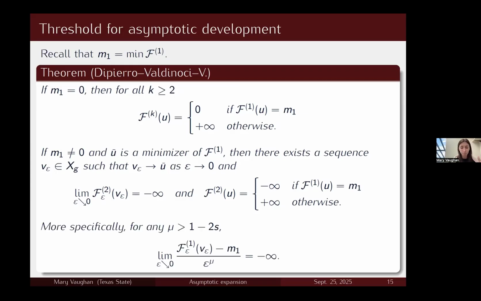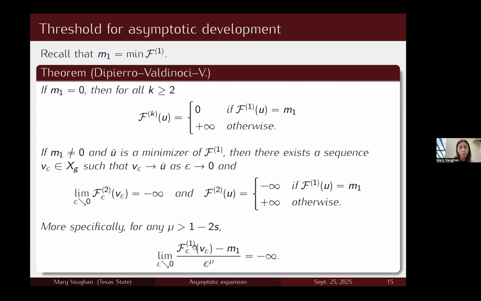And in fact, more than that, we found a threshold where you can't have, say, a fractional asymptotic development from some fractional level.